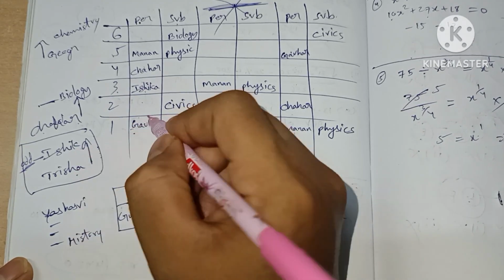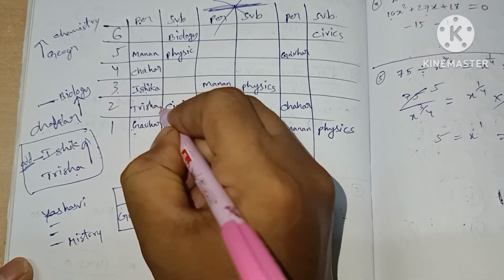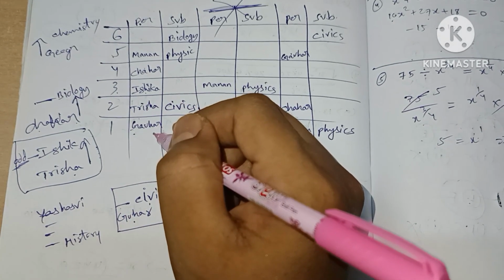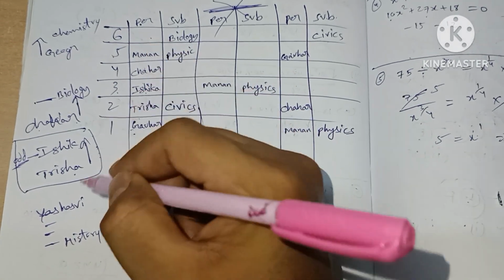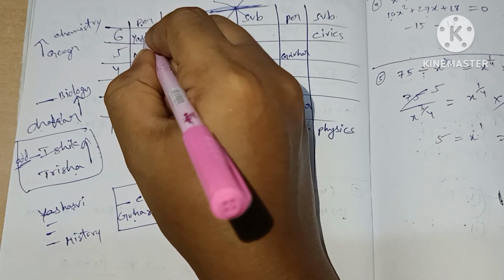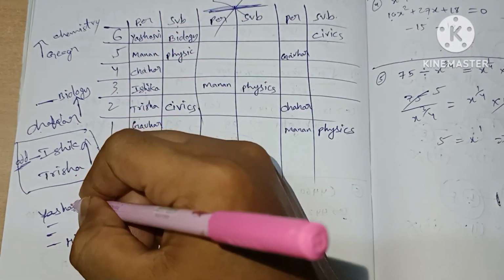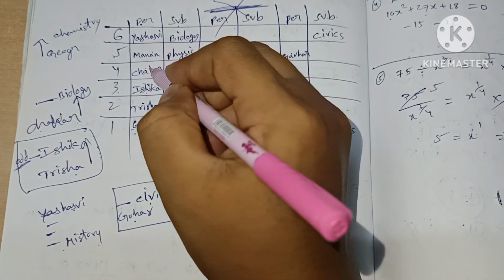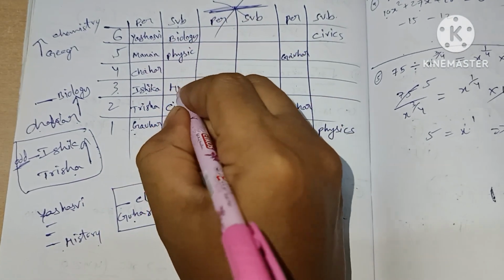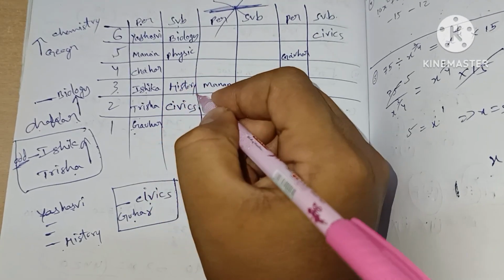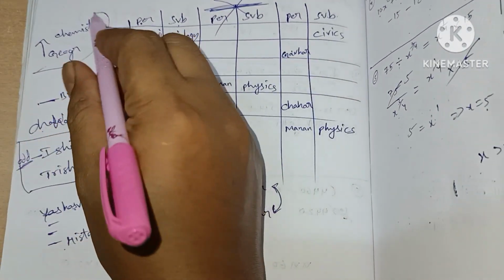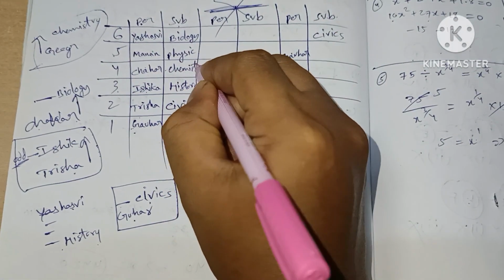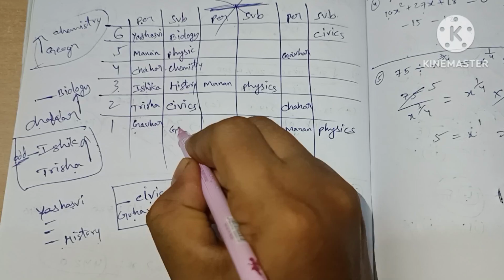Ishika is above Trisha, so it is the place for Trisha. Now we are left with only one name here, which is Yashashvi. Yashashvi means 2 below, the next one will be history. 1, 2. This one is history. So we are left with chemistry and geography. The top one is chemistry and the below one is geography. So we got our puzzle.